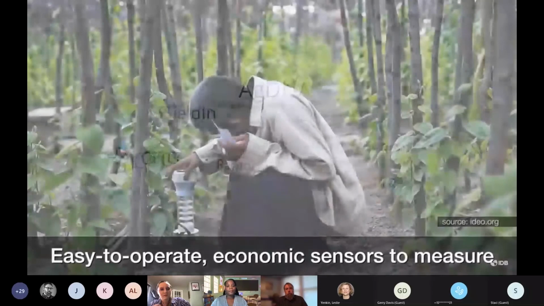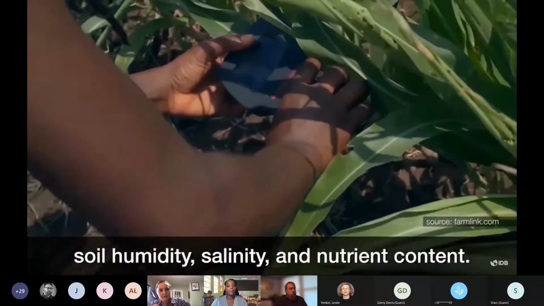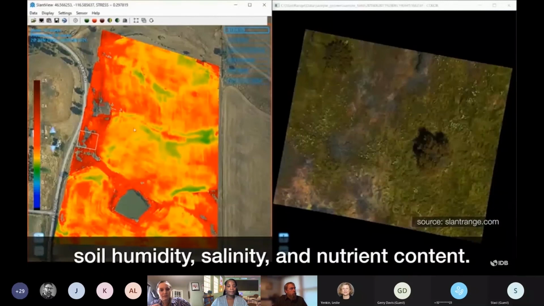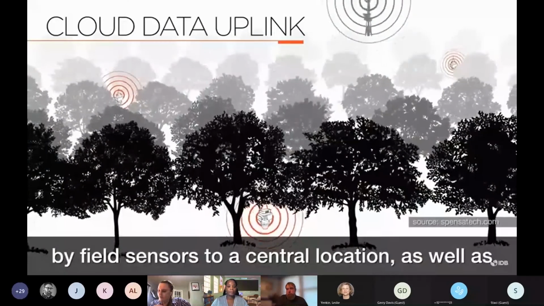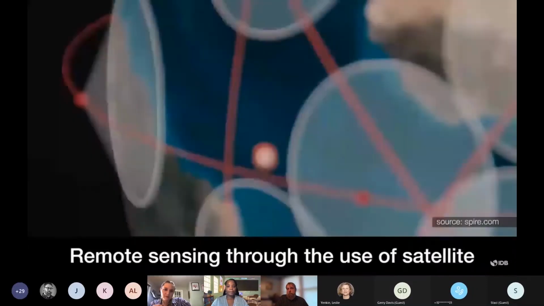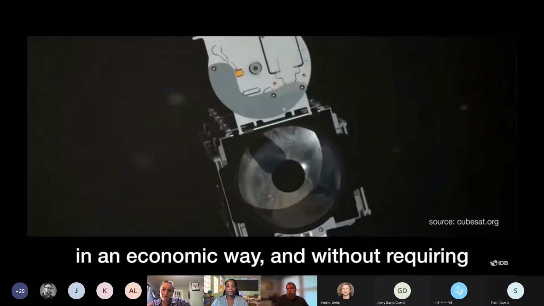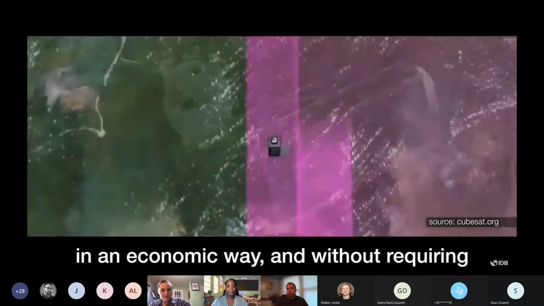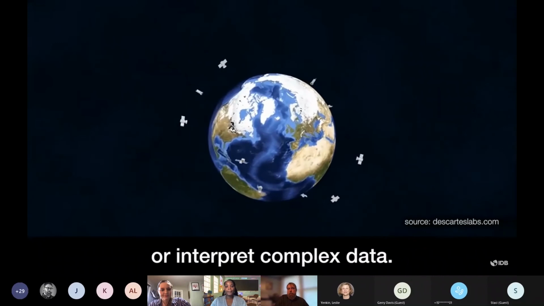Easy to operate economic sensors to measure soil humidity, salinity, and nutrient content. Portable networks to transmit the data collected by field sensors to a central location, as well as economic ways to connect to the internet. Remote sensing through the use of satellite imagery to assess the health status of plants in an economic way, and without requiring that producers know how to operate a device or interpret complex data.